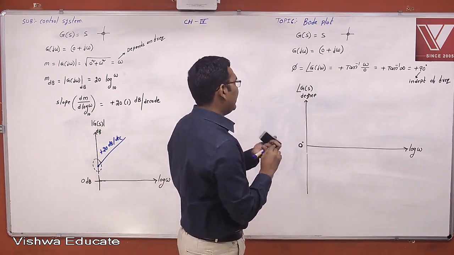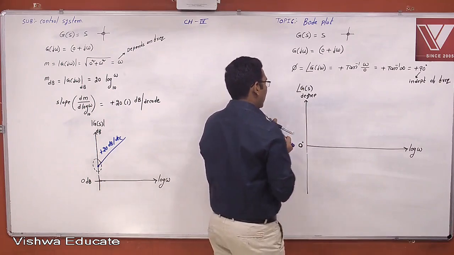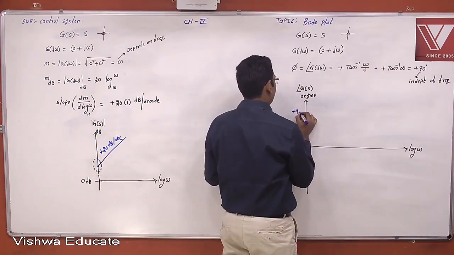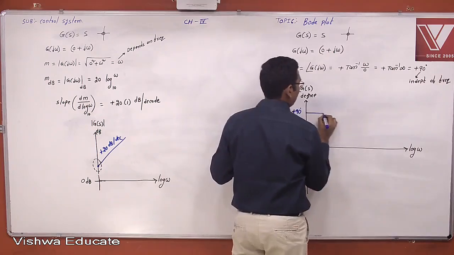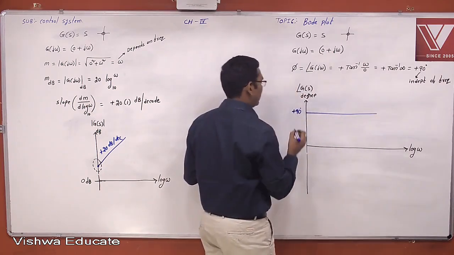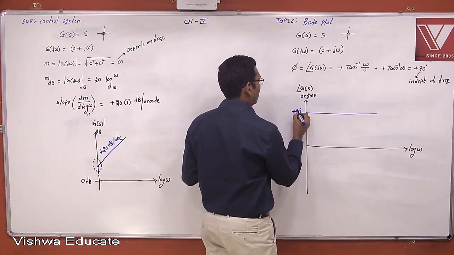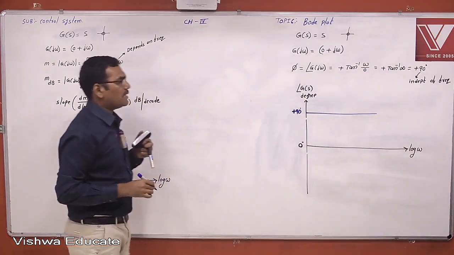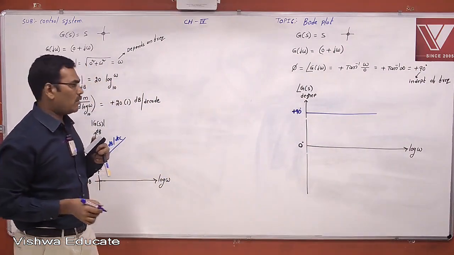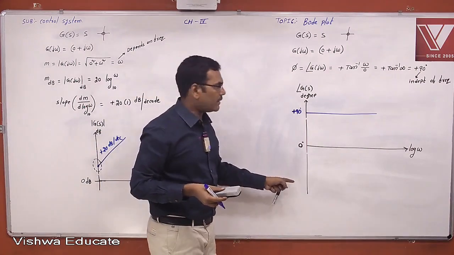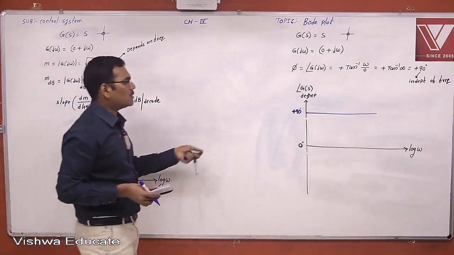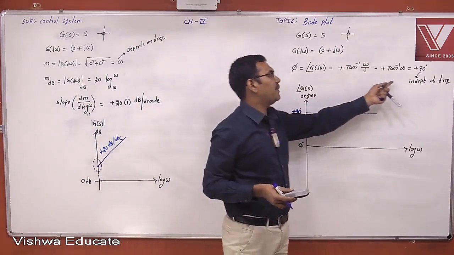The phase angle is plus 90 degrees, which is constant and independent of frequency. This is positive phase, this is positive slope, a rising slope. Now this is plus 90 degrees, which is independent of frequency.